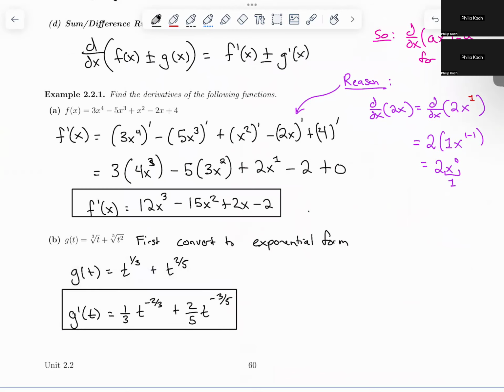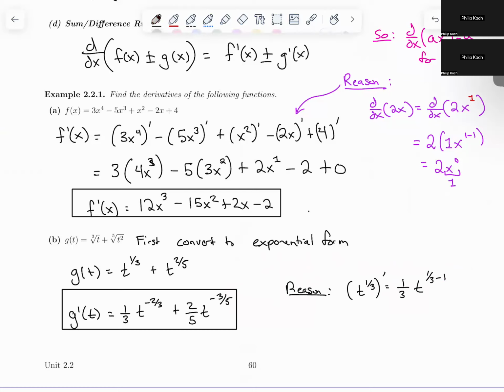Now let's think about why. If you're okay doing the mental math, awesome. I'll show you how to do it. The derivative of t to the 1/3 would be 1/3 t to the 1/3 minus 1.